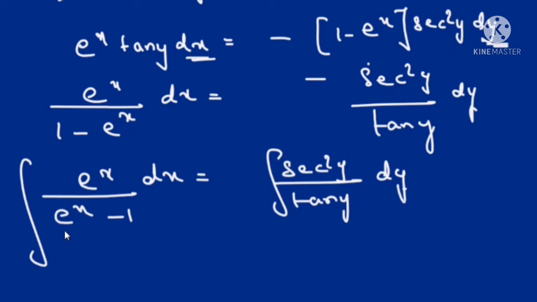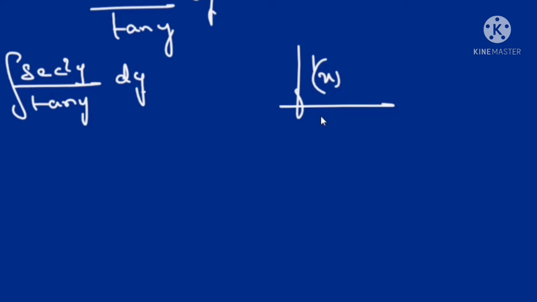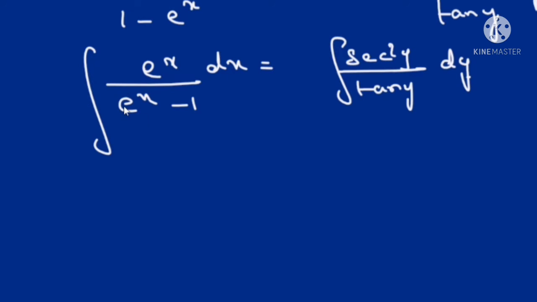So you can now see the differentiation of e power x is there. e power x minus 1, the denominator, f dash of x by f of x is log of the denominator. Remember that. So log of the denominator. So you have the differentiation of the denominator in the numerator. So we can write this as log of the denominator, and again here log of tan y.